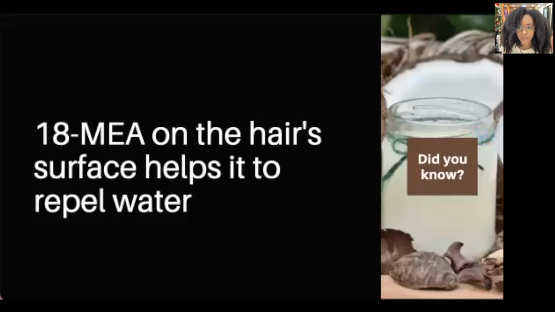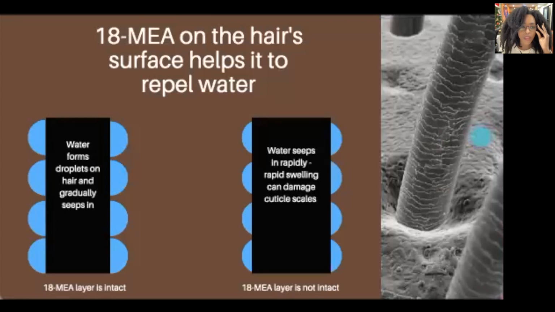So you can imagine that if there's an oil that's strongly stuck to something, it's going to help that substance repel water. You may have heard the terms high and low porosity. The presence of 18-MEA on the surface of your hair will influence your porosity, and that's just how readily water comes into your hair.